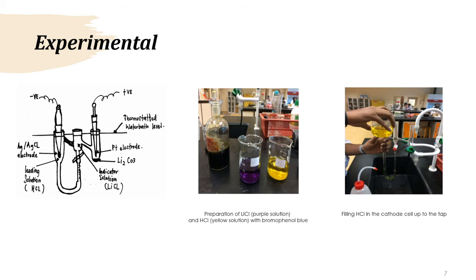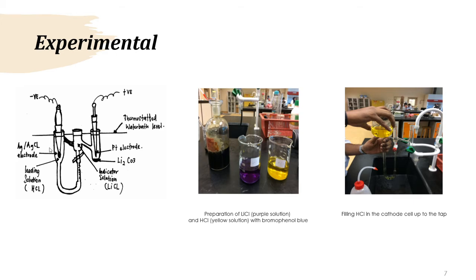So before you do the experiment, you want to do a simple test to ensure that you know exactly what the volume is from one graduated line to another, because you're going to time how long it takes to go from this line to this line, and what the volume is. So the volume change has to be really precise, and if you use another cell, the volume from one line to another may not be the same.